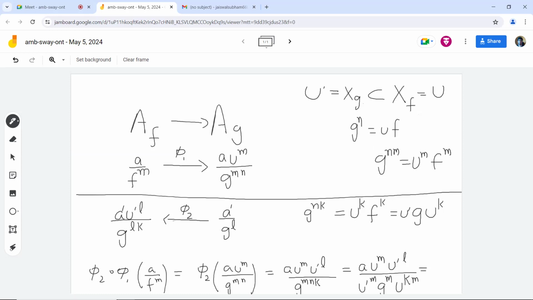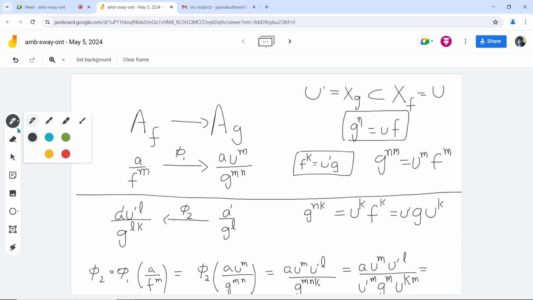Yeah, that's not a problem. So we have this equation and the other equation. I think it's just u prime instead of u. So g to the m, u to the m, u prime to the m, right. So I did it in a different place.